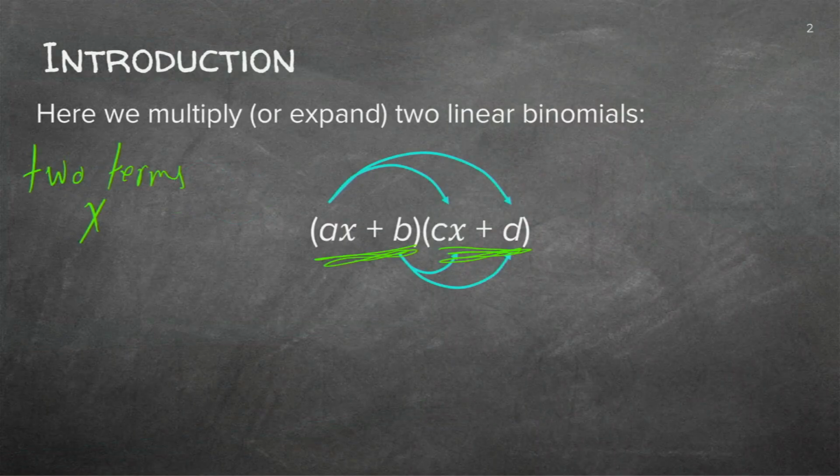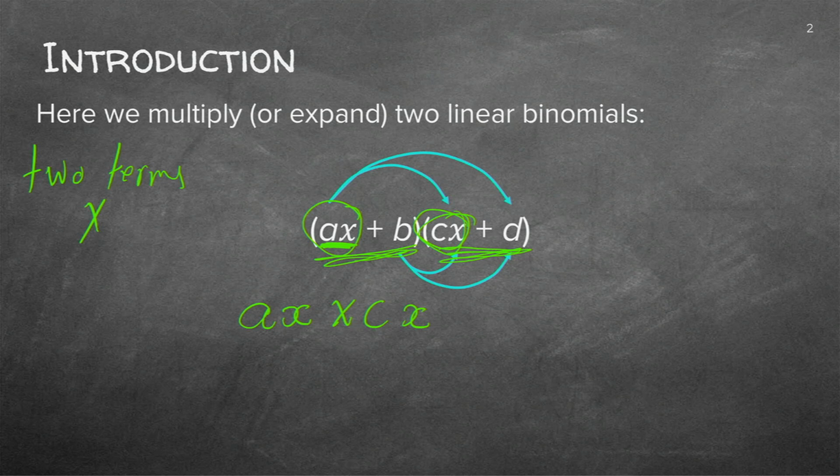You need to first look at these arrows that I have there in blue. You multiply the first term with the first term on the other side. I will write numbers on this arrow. It means you need to multiply this term with that term there, so you multiply ax by cx.